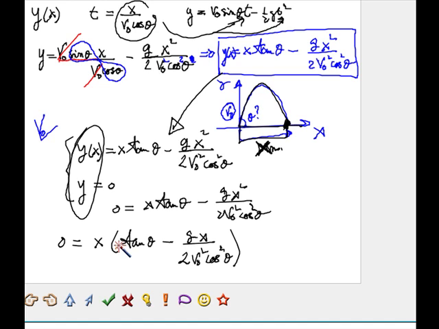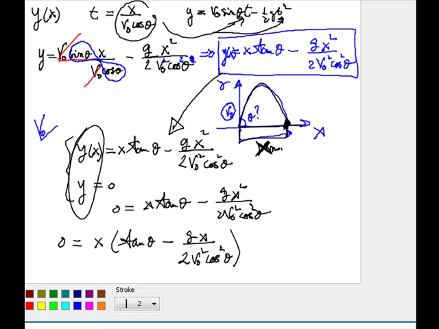Physically, they're also both correct, because remember, those two functions intersect at 2 points, the one that we're interested in, but also the initial point. This solution, x is equal to 0, gives us the initial point, which in our case we don't really care about. We're more interested in the other solution, so we're going to set this equal to 0 to investigate the other solution that is more interesting.